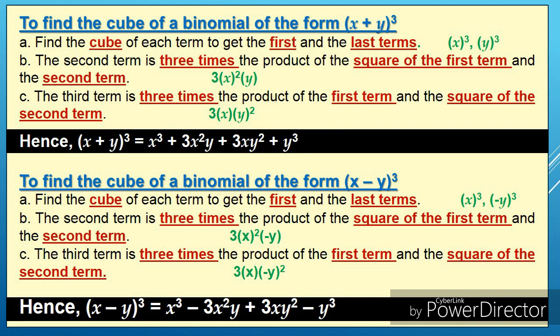We have 3 times x squared times negative y. And letter C, the third term is 3 times the product of the first term and the square of the second term. Or we have 3 times x times negative y squared. Hence, we have the quantity of x minus y cubed is equal to x cubed minus 3x squared y plus 3xy squared minus y cubed.